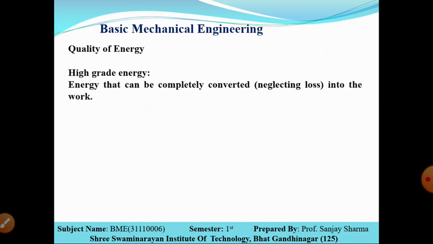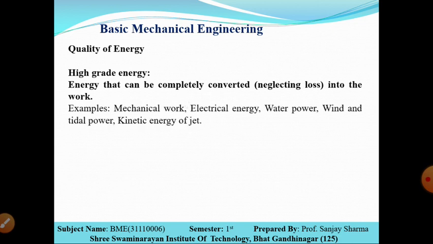It means high grade energies are those energies which have more conversion, which can, without loss, convert from one form to other form. So for example, mechanical work, electrical energy, water power, wind and tidal power, kinetic energy of jet, all these are the examples of high grade energy.